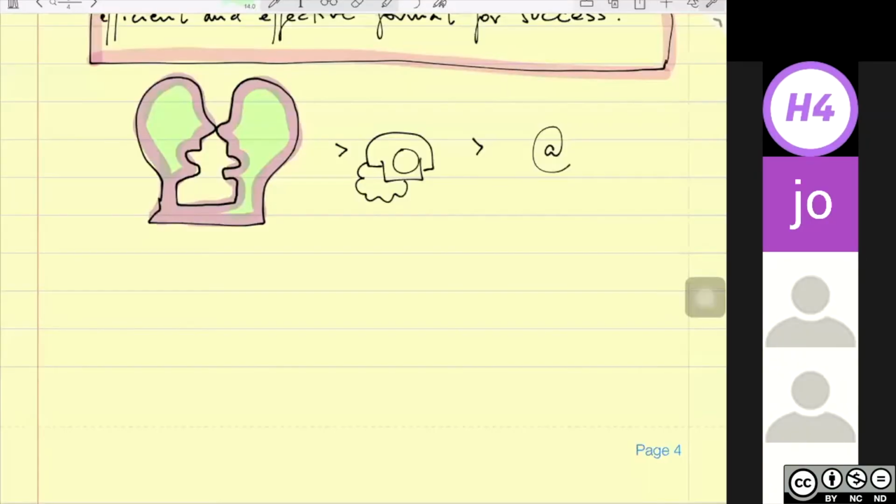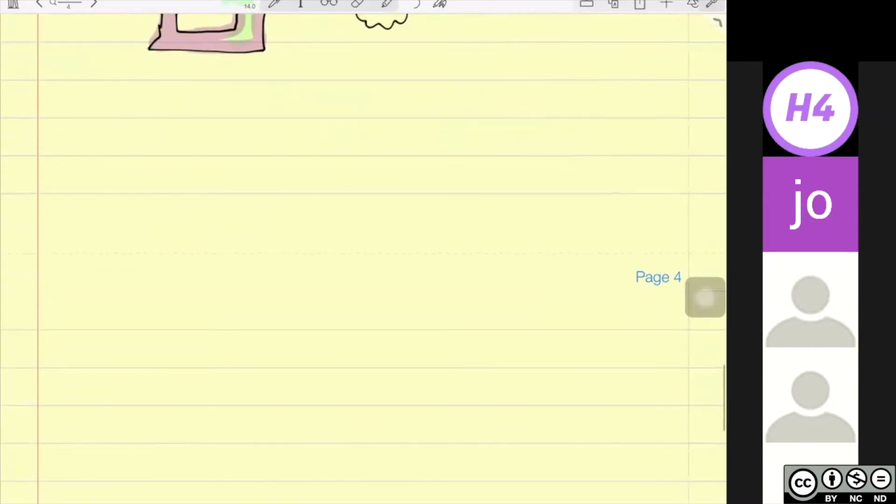Okay, so we continue with number 7. Number 7 is that a final working product is the ultimate measure of success. Okay, so success means the product works for the customer.